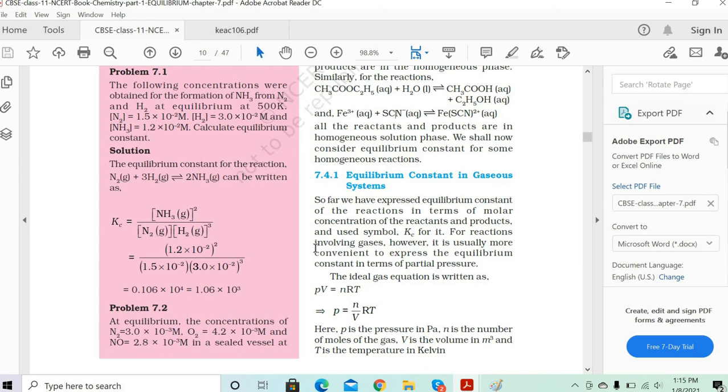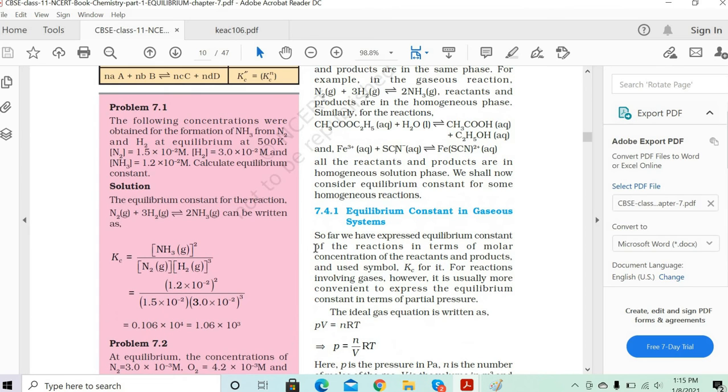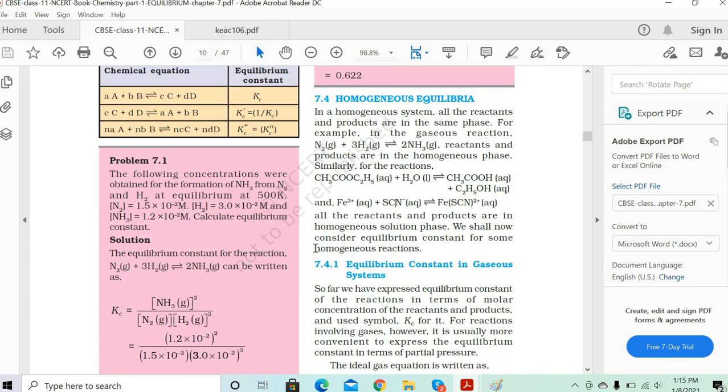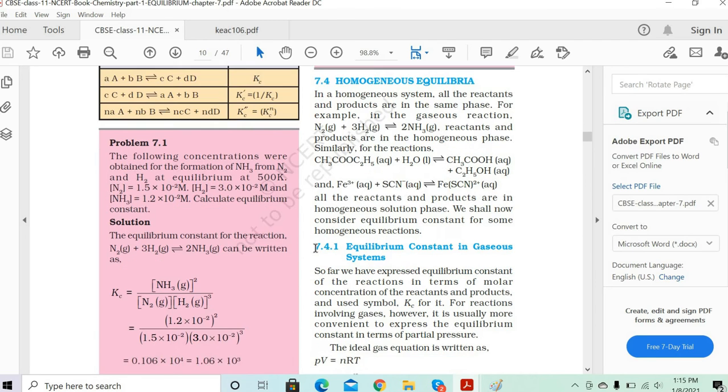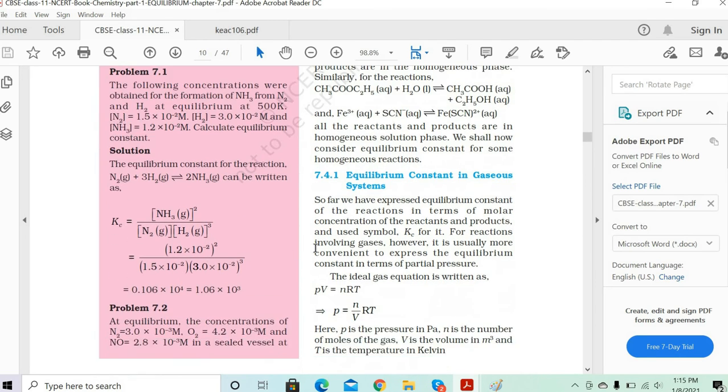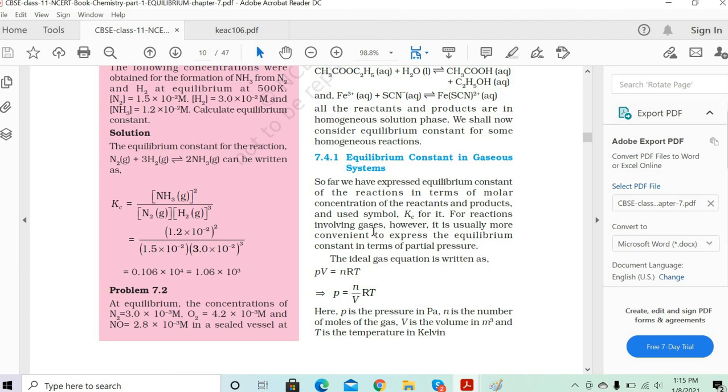Clear? Sugar and water becomes a homogeneous solution. In the same way, when you combine the two reactants and the product gets formed, it forms the homogeneous equilibrium. Okay. Next, let's go to the equilibrium constant in the gaseous systems.